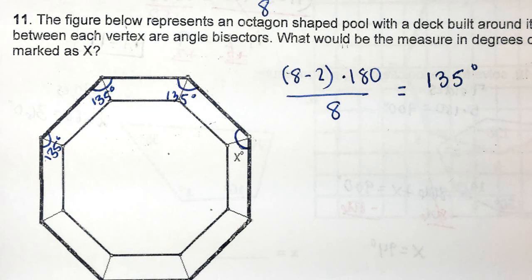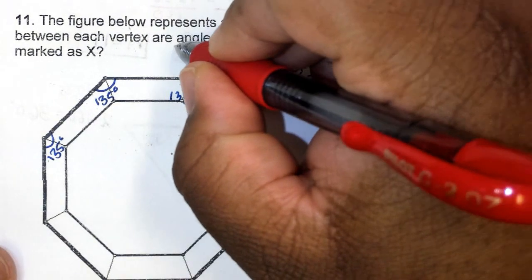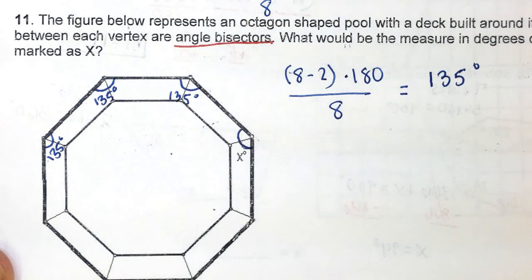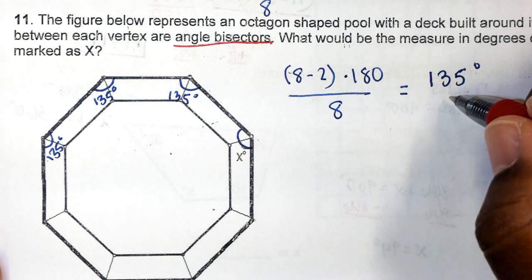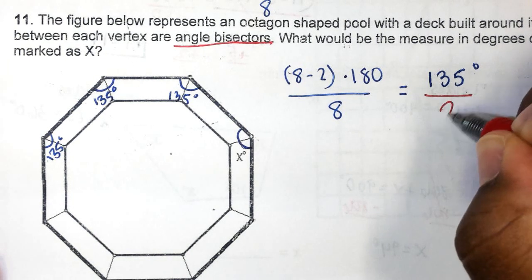But they asked you for angle X, and they told you about the vertices. The connections, what did they say they were? Angle bisectors, right? You know, an angle bisector splits an angle how? In half. So you did what to 135? Divided that by 2.